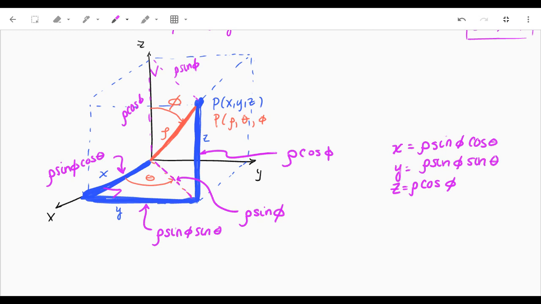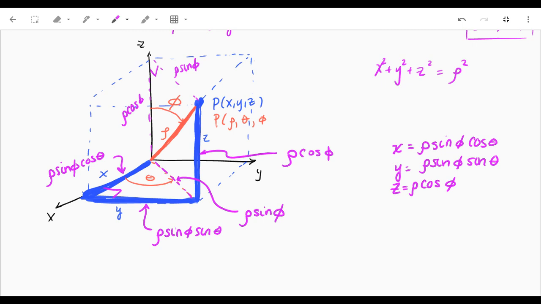And we can also make the conversions for going from rectangular to spherical. So x squared plus y squared plus z squared would be rho squared.